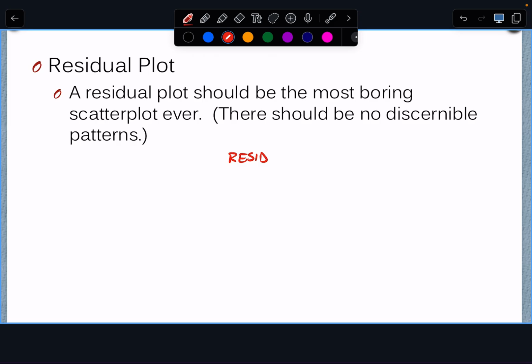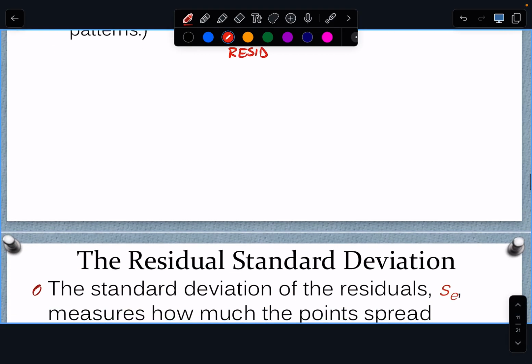And now you have list 1 and list 2 again. Now if you hit zoom 9, you get back to your regular scatter plot. If I want to go back to a residual plot, then I highlight list 2, I go into my second stat, I choose the resid option, zoom 9, and I get my residual plot. Okay? So that's that process there.